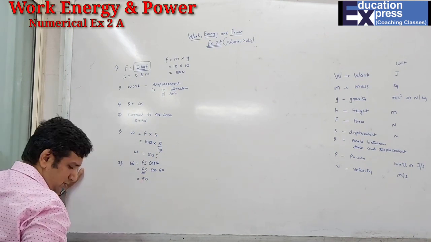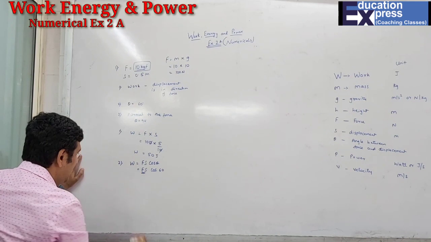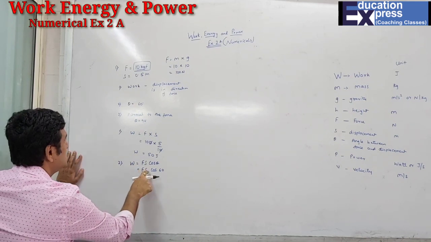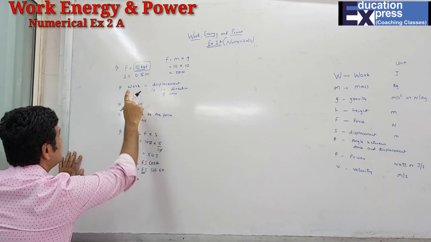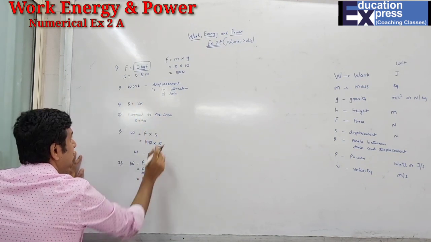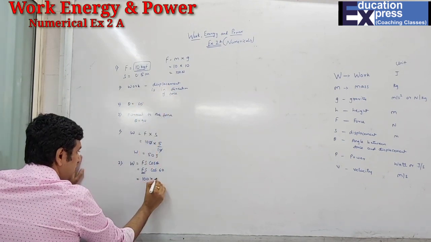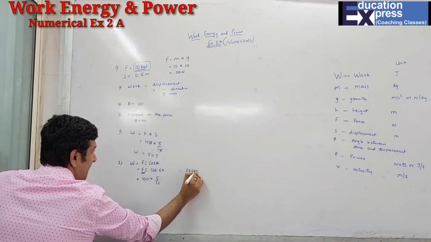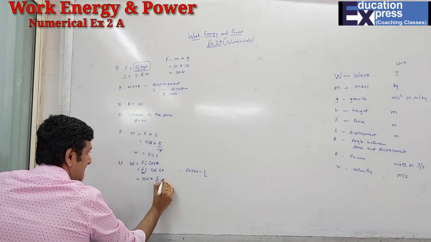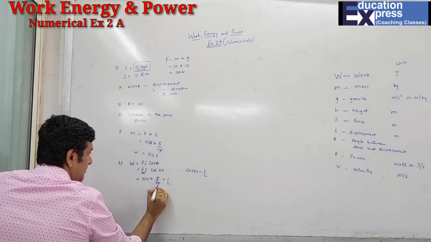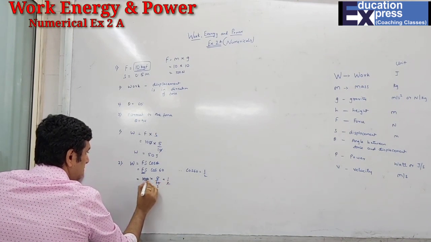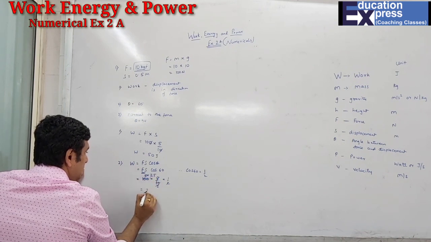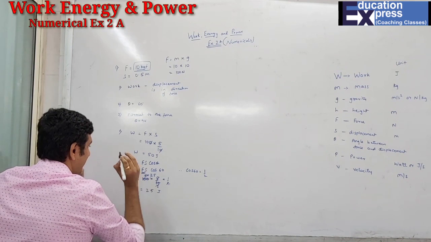If you are getting confused, we'll again substitute the value of force and displacement. The force is how much? 100 Newton. Displacement is pi upon 10, and cos 60 is half. So 5 ones are 5, 5 twos are 10, 250 and 225. So 25 joule.